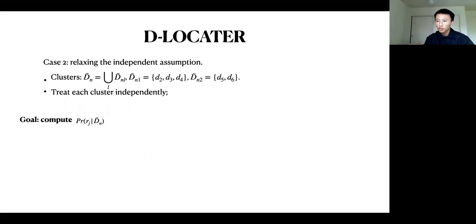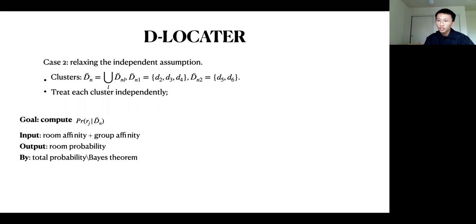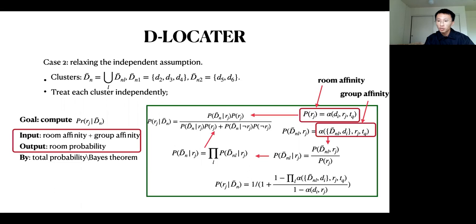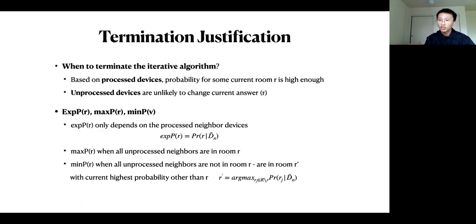So in this case, we can compute the room conditional probability using the room affinity and the group affinity we computed before, by applying the total probability and the Bayes probability theorem. Next, we consider what's the stop condition of this iterative algorithm, and can we stop it early without processing all the neighbor devices, which can be a large number in practice.